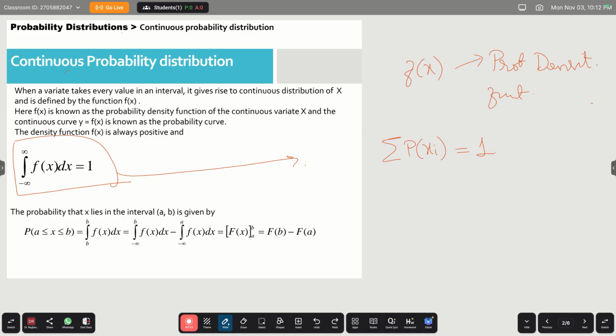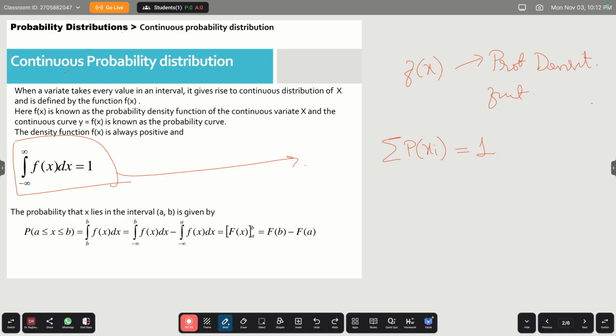Similarly, for continuous random variable, instead of summation, we use integration. So when we integrate the probability density function, it should give you the value 1. And also f of x must be non-negative for any value of x. Okay, if it satisfies these two conditions, then it is called a valid probability density function.